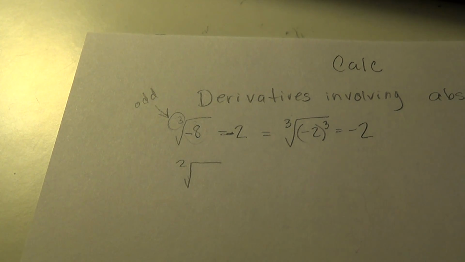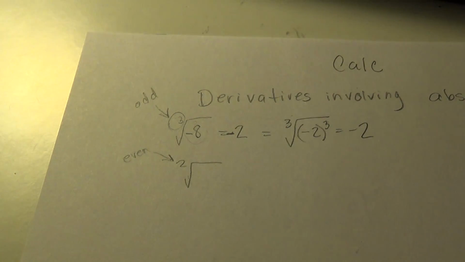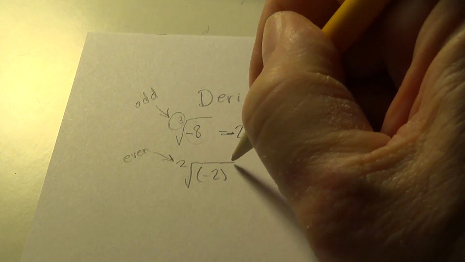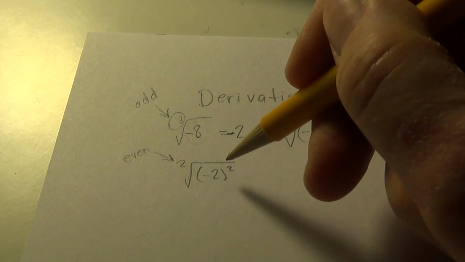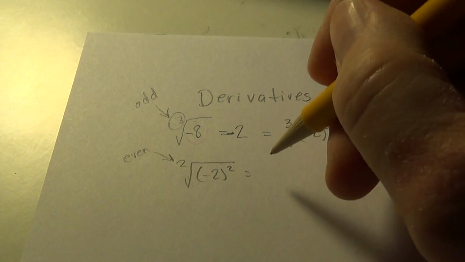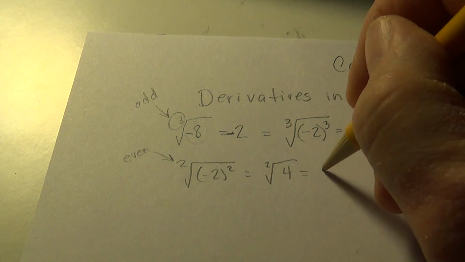But when we go to the square root, or roots that are even, I don't normally write the 2, but I'm emphasizing that we're dealing with square roots. What would be the square root of minus 2 squared? Look what happens. If I work inside the radical first and square the negative 2, I end up with the square root of 4, which is positive 2.